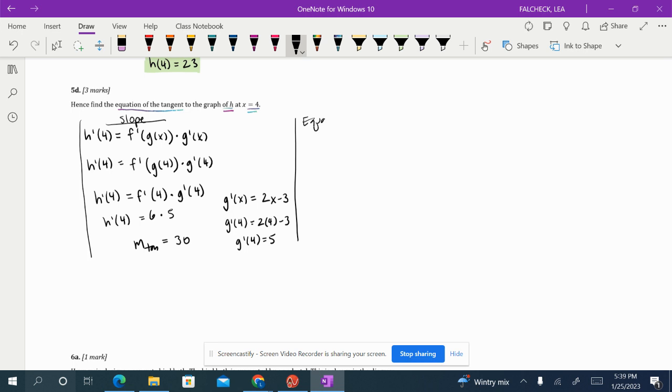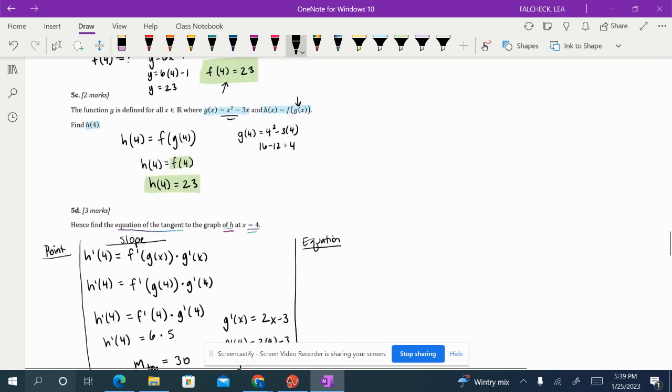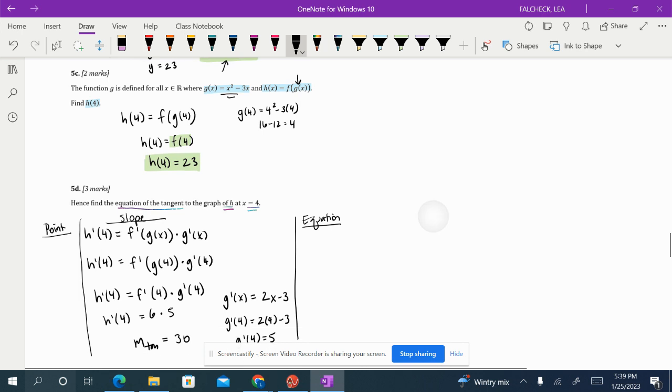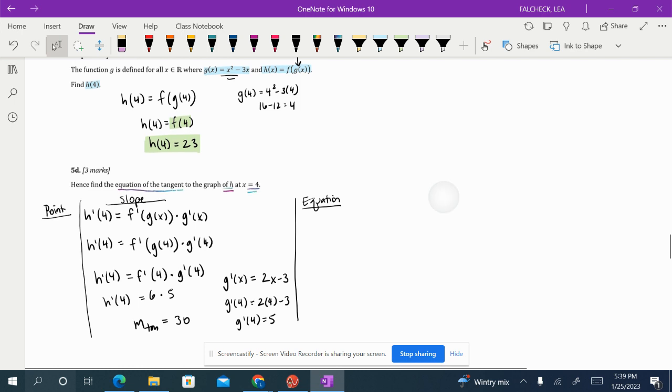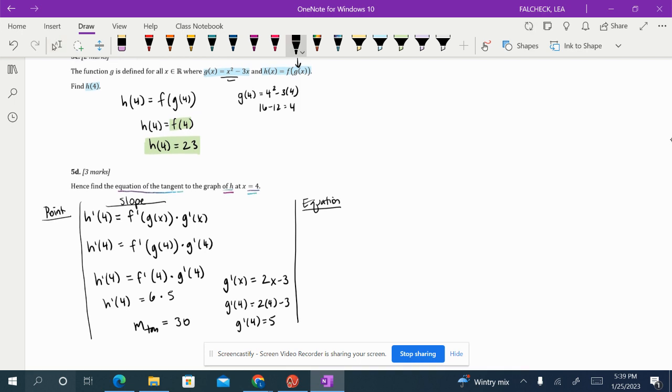And then the equation. So let's think about our point. H of 4. Did we find that anywhere up here? We sure did. H of 4. Here we go. So our point is going to be (4, 23).